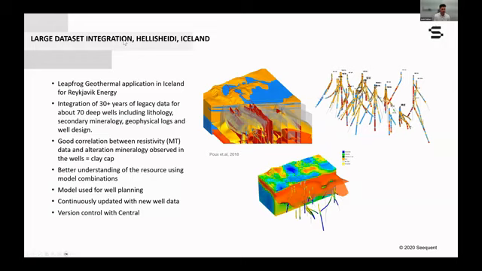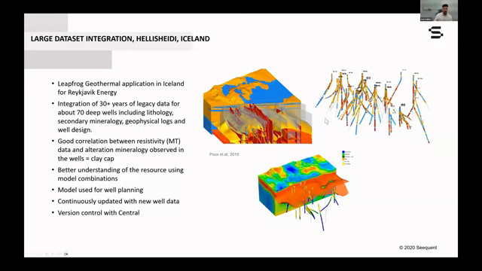Another example is this large data set integration in Helsinki, Iceland, where we've got over 70 deep wells, which include lithology, secondary mineralogy, geophysical logs, and different well designs. So they found in this particular example that there was a good correlation between resistivity and alteration mineralogy, which is used to infer the lateral extents of the clay cap, which is the theorized top of the geothermal resource.